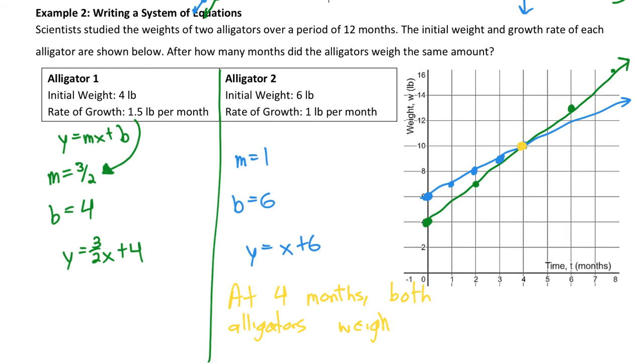I'll do a better job of writing that. Weigh 10 pounds. So the graphing is important, and sometimes the graphing is not perfect. So we have to use some logic to think about what is an answer that makes sense. Are we counting this the right way? Are we using good estimation strategies to determine where these alligators' weights match up?